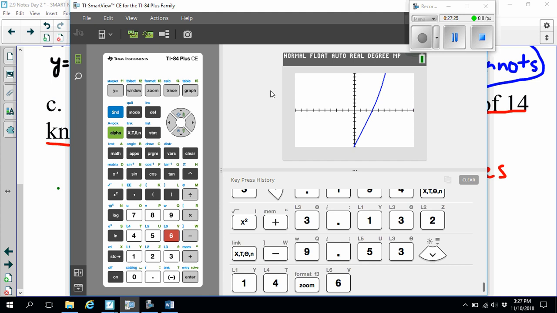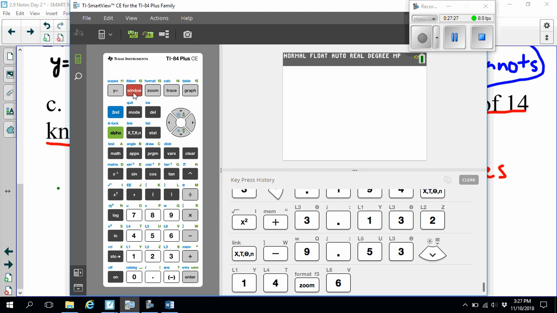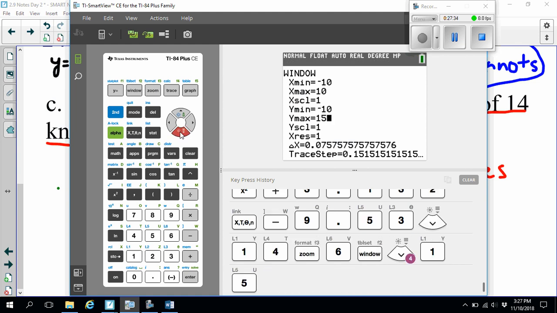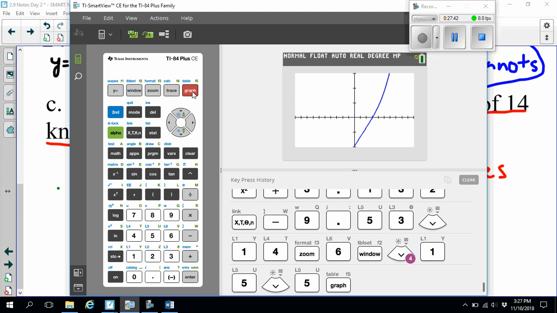I'm going to make my window a little bit bigger on the max side. I'm going to go 15, and then go by 5s, and see if I'm able to see the intersection point. Okay, I see that intersection point, so that's good.